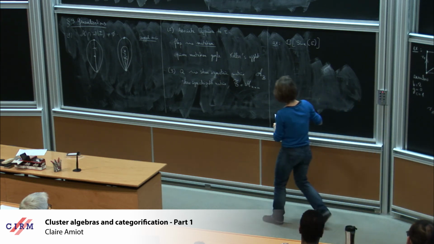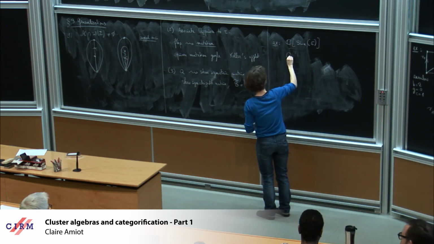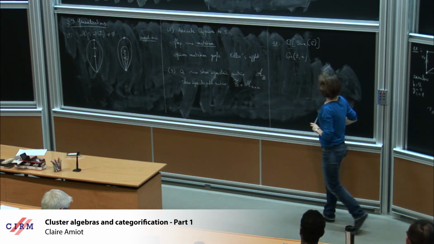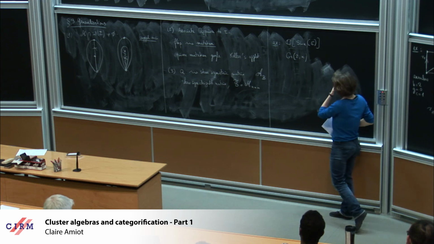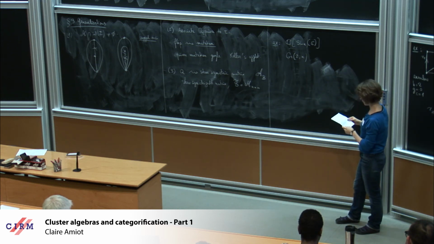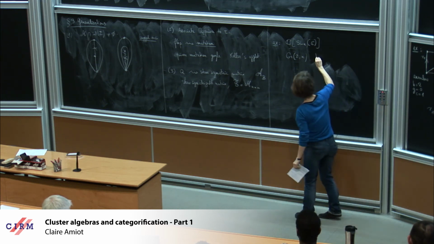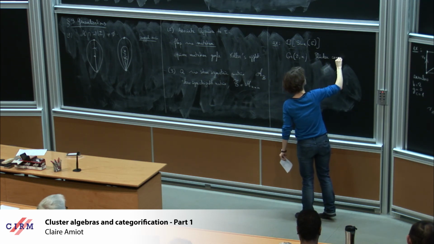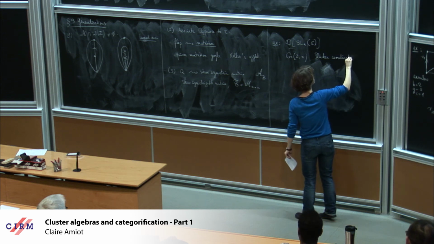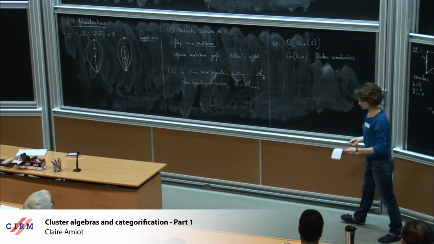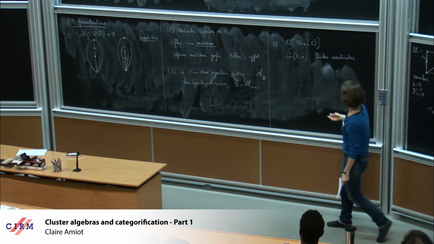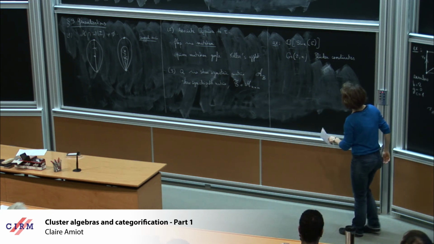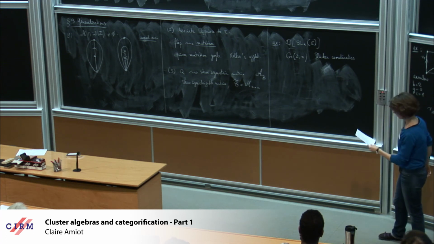You also have this kind of relation on the Grassmannian. So if you take the Grassmannian of planes in Cn, and you take Plücker coordinates, you have also a very similar relation to the Ptolemy relation, and it means that somehow the algebra of coordinates has a cluster algebra structure.